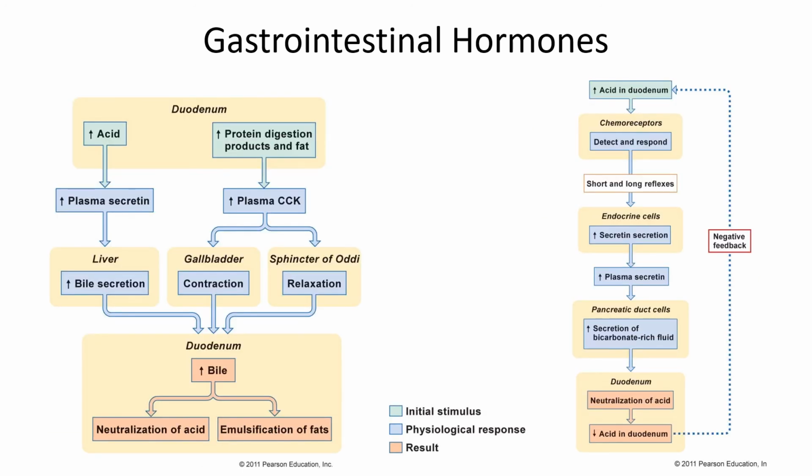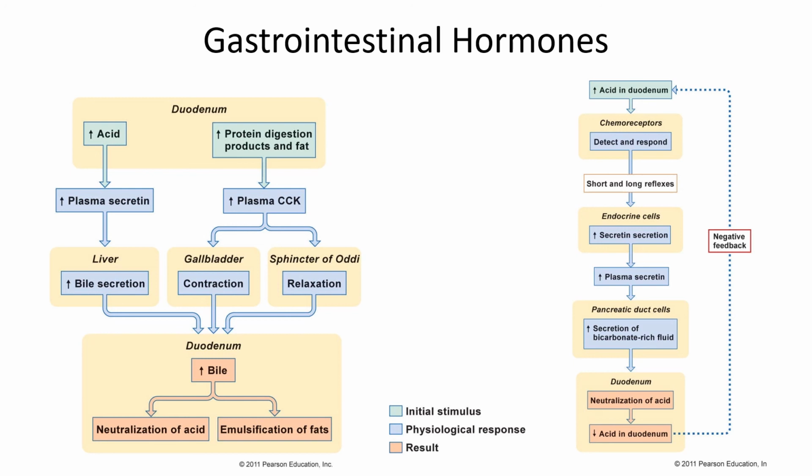The endocrine system can also affect the liver, gallbladder, and the pancreas. And we won't get into the details of this, but just realize that the liver can be stimulated to produce more bile if food is present. The gallbladder can be stimulated to contract, and the sphincter of Oddi can be told to relax.